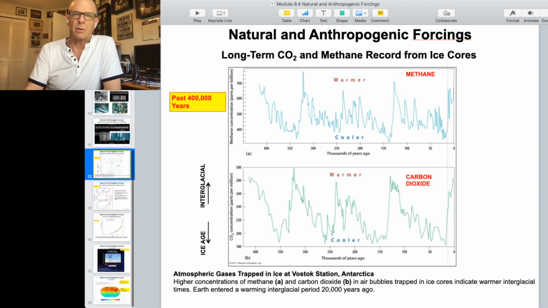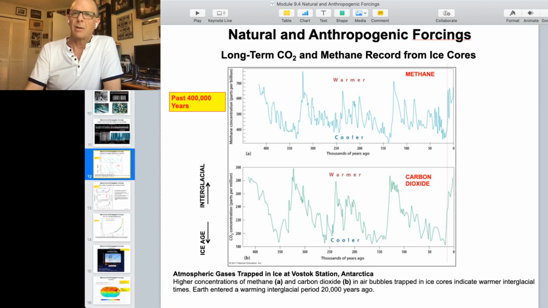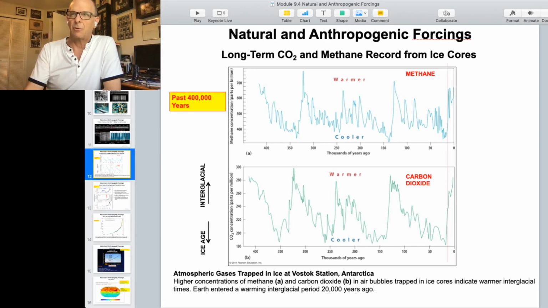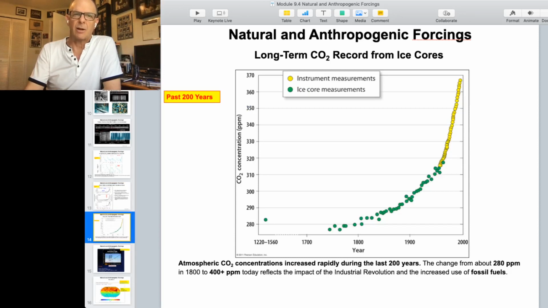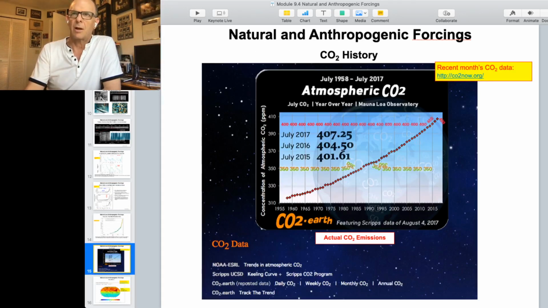And we know, and as we will see in later parts and in the next module, that when the CO2 and the methane are high, the temperature is high, and when the CO2 and methane are low, the temperature is low. So take a look at some of the links that are available to you where you can see animations of the CO2 abundance over time.